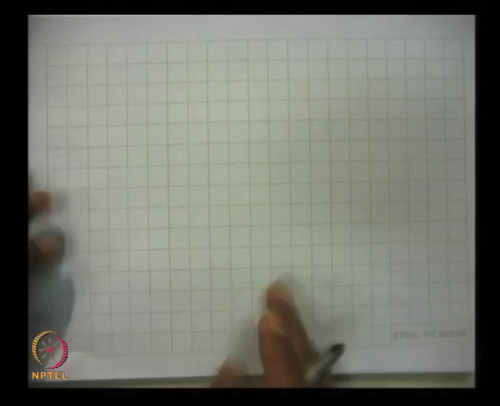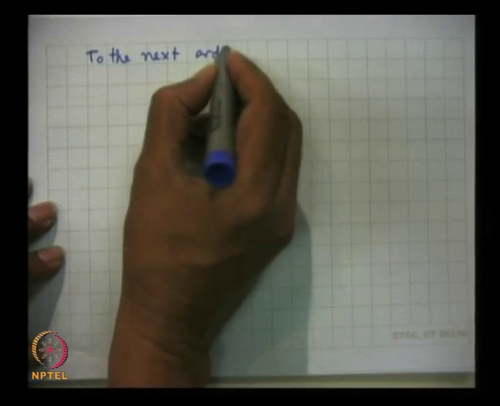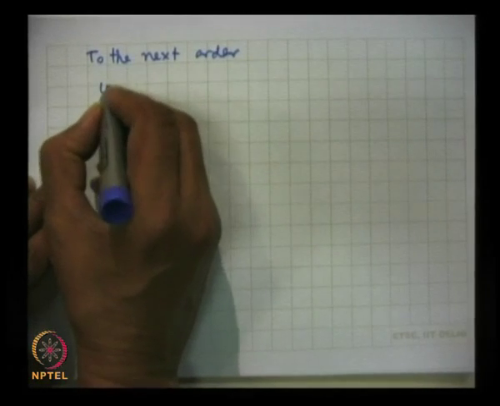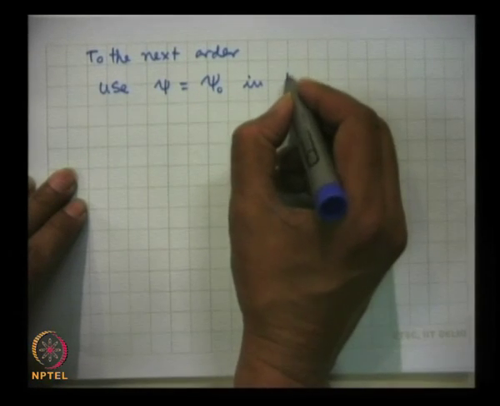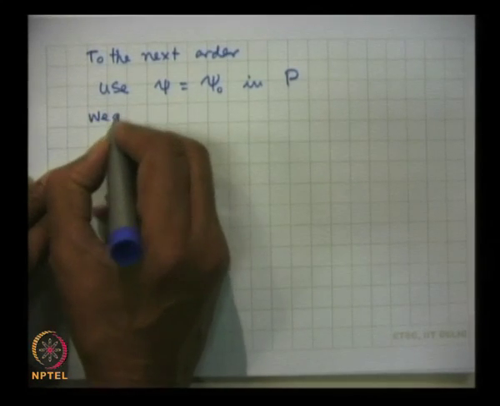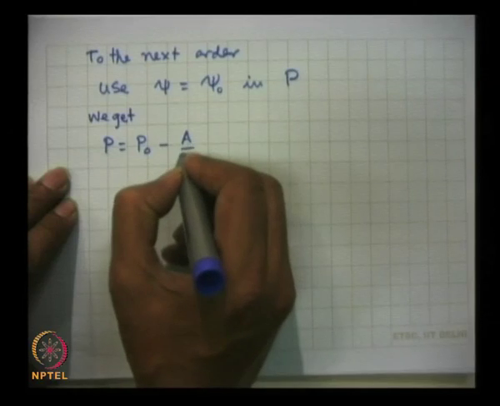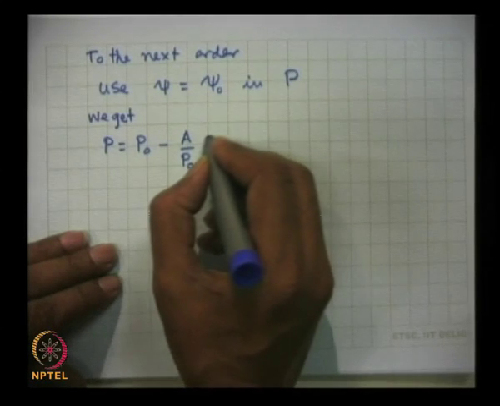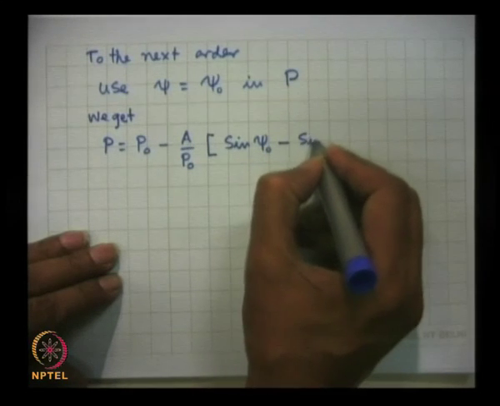To the next order, we use the value of psi equal to psi 0 in the expression for P, and we get P is equal to P0 minus A upon P0 sin psi 0 minus sin psi in.